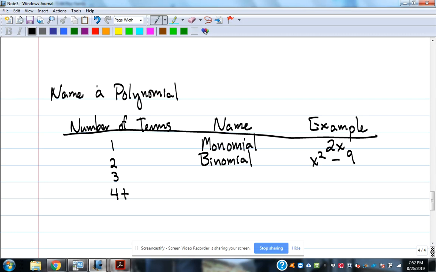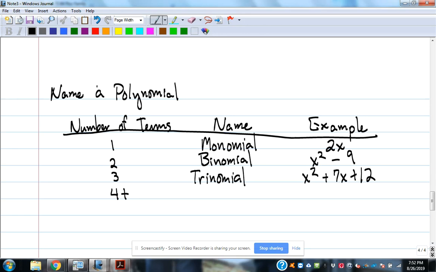So just kind of tying this together with some of the other stuff. What's the prefix for 3? Tri. So a trinomial. Example of a trinomial would be like x squared plus 7x plus 12. It's got 3 terms separated by addition or subtraction. Okay.